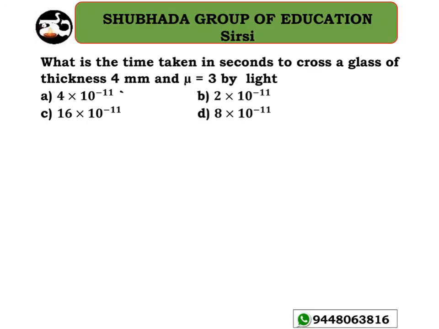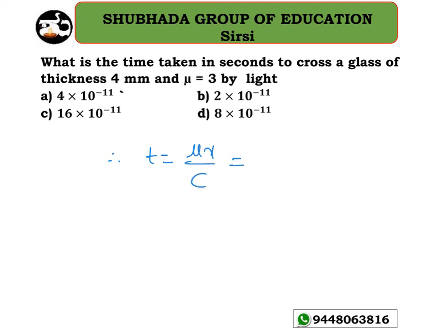The next problem says: what is the time taken in seconds to cross a glass of thickness 4 millimeter and refractive index 3 by light? As you know, use this formula: t equals mu into x divided by c.